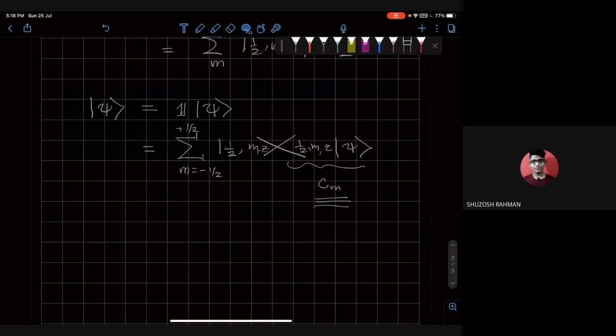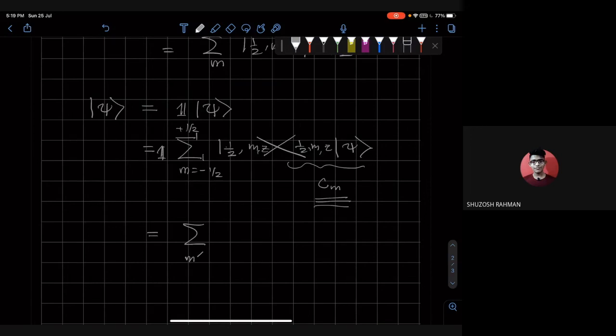Okay. And now what I'm going to do is imagine another operator here, 1, and express that in terms of m prime.